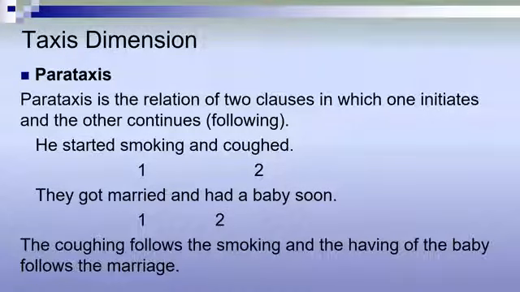The coughing follows the smoking, and the having of the baby follows the marriage. That's fixed. And if the order is changed, the meaning will be different. We cannot say, for example, he coughed and started smoking. That has a different meaning from he started smoking and coughed.